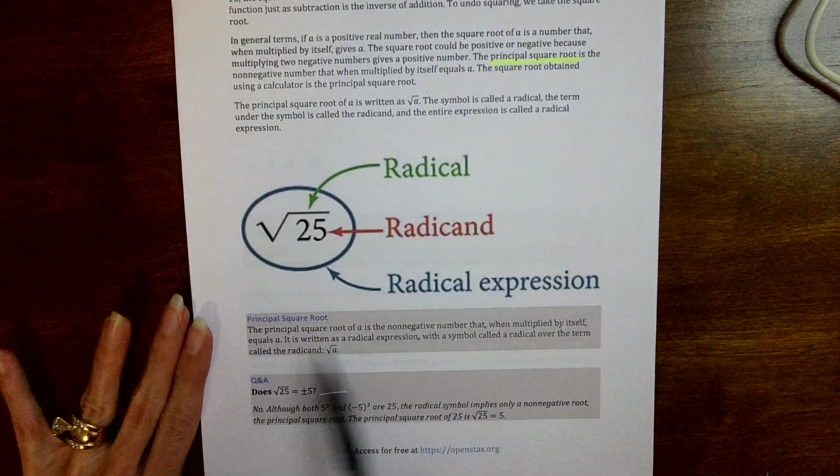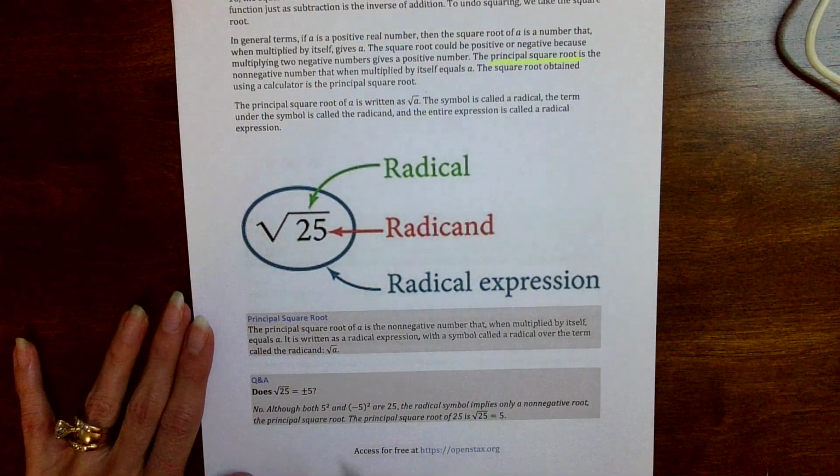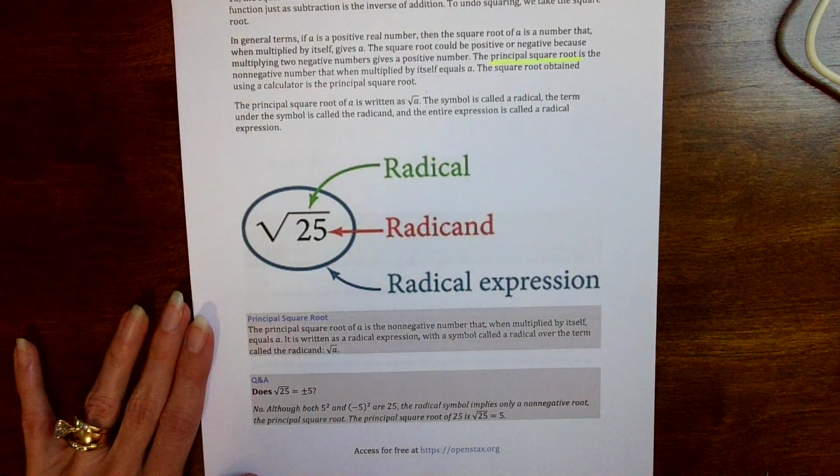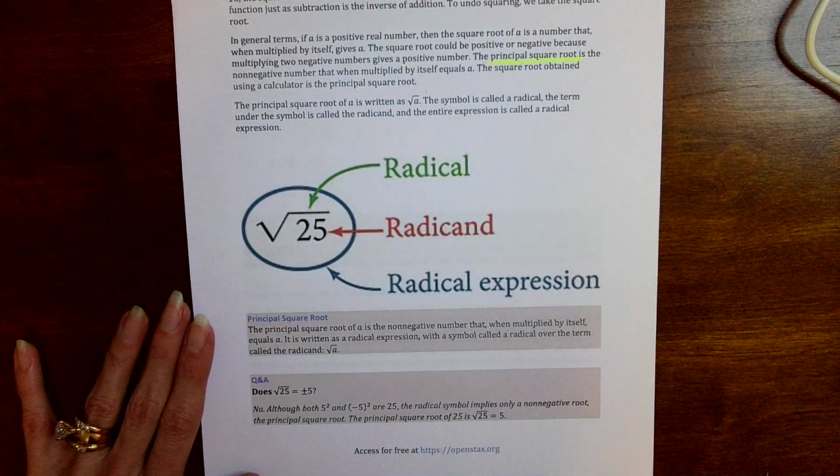So here's our formal definition. The principal square root of a is the non-negative number that when multiplied by itself equals a. It is written as a radical expression with the symbol called a radical over the term called the radicand. So there's a question here: does the square root of 25 equal plus or minus 5?